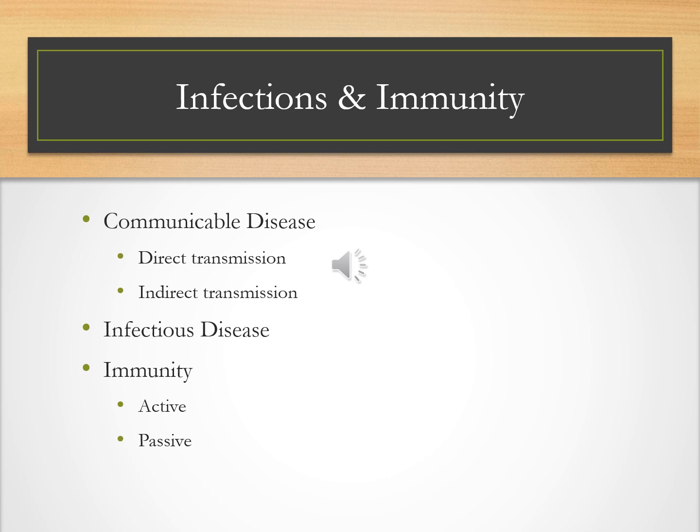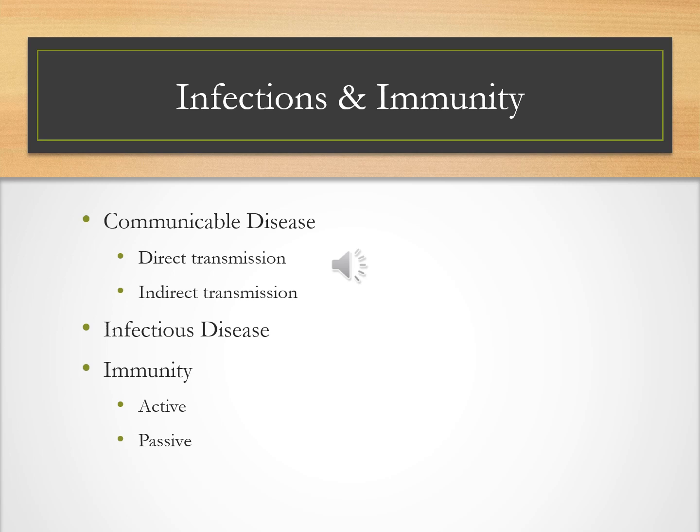So when we think about that, we want to think about immunity. How can we stay safe from those infectious diseases? So there's active immunity. You have natural active immunity, where the individual becomes ill and the body develops antibodies against that organism. And then you have acquired active immunity. That is where vaccines come into play. The body creates memory B cells from the altered form of that virus or bacteria in the vaccine.